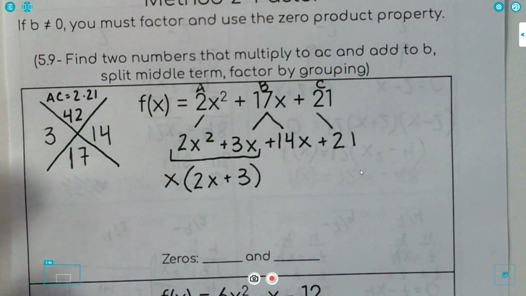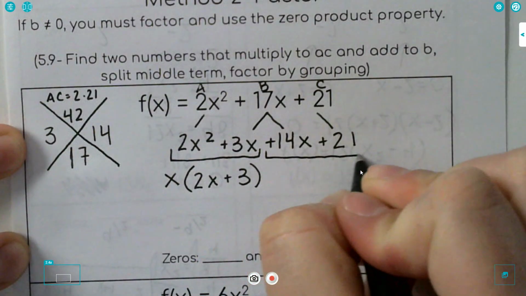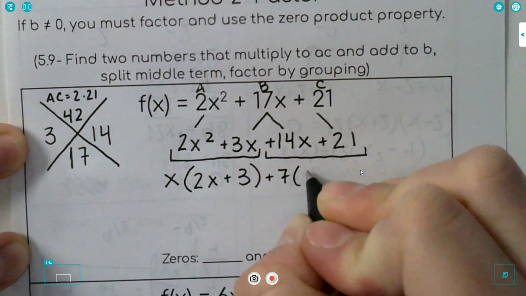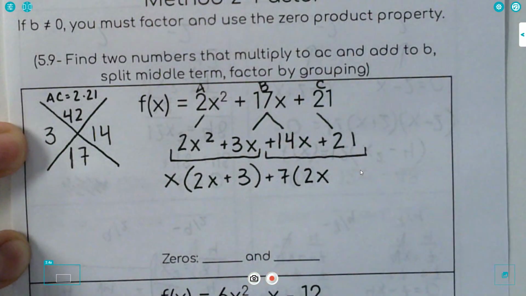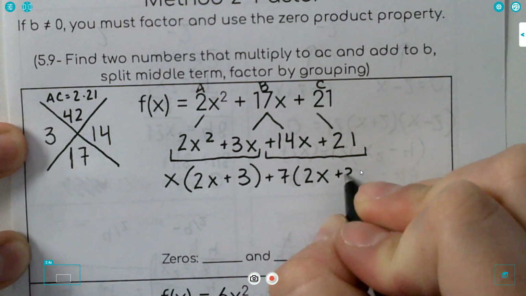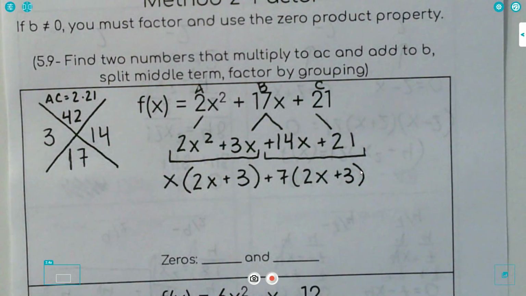What can I divide 14x and 21 both by? 7. So 14x divided by 7 is 2x. 21 divided by 7 is 3.